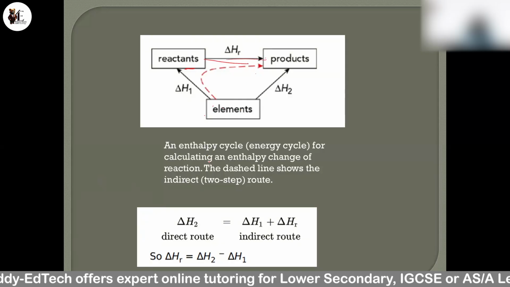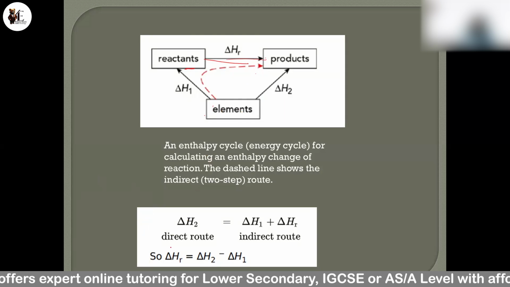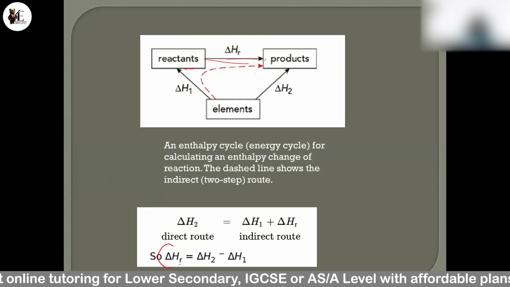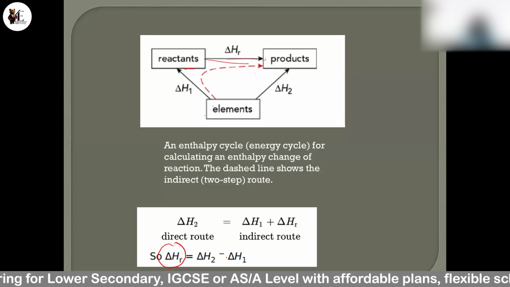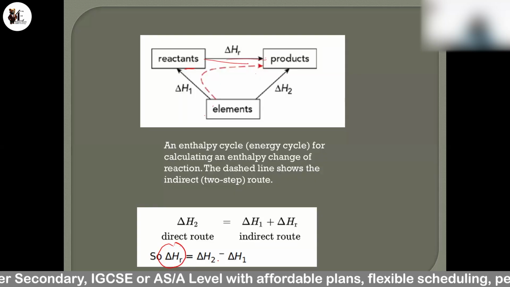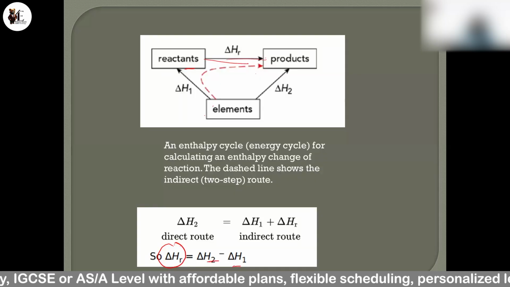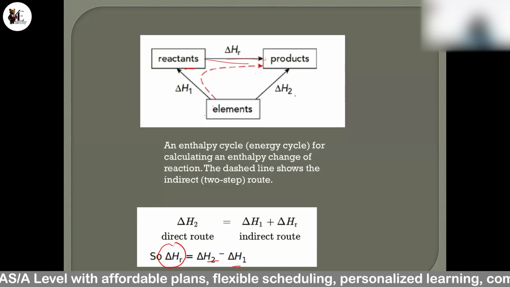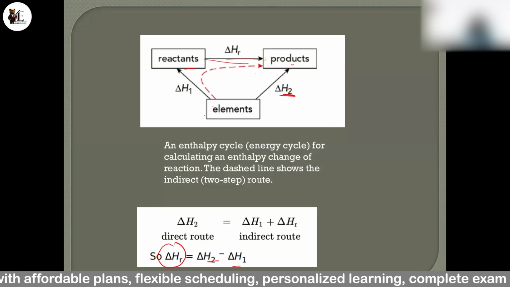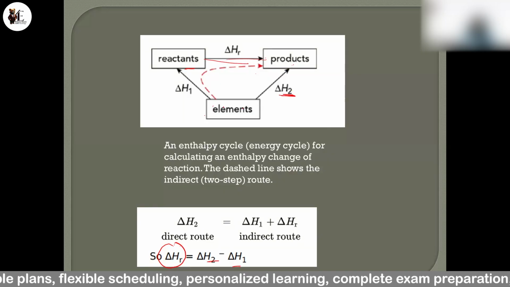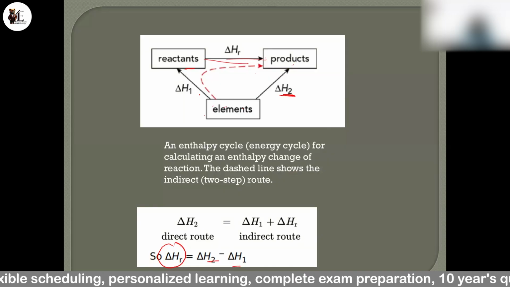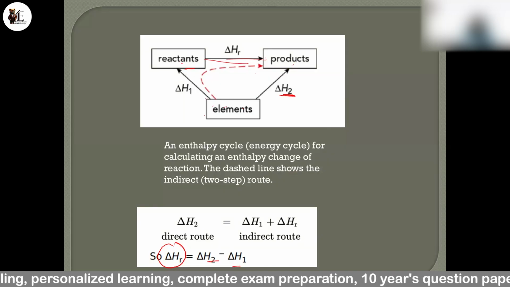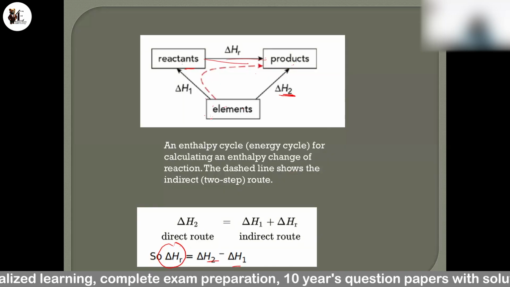The formula to calculate it is delta H2 minus delta H1, where delta H2 is the enthalpy change of formation of the products from the elements in the standard state, and delta H1 is the enthalpy change of formation of the reactants from their elements in the standard state.